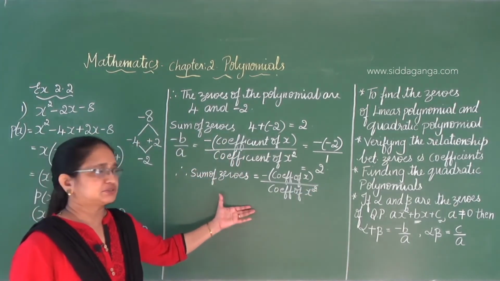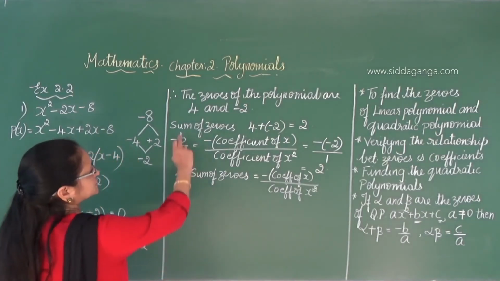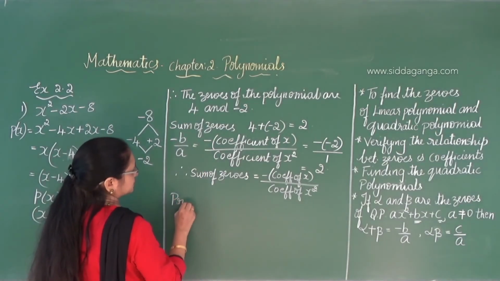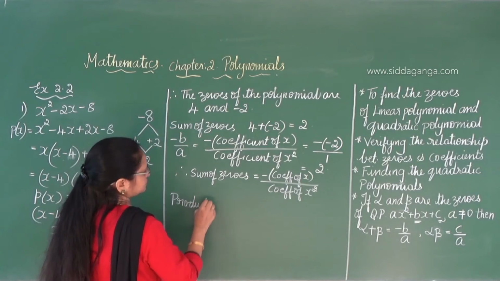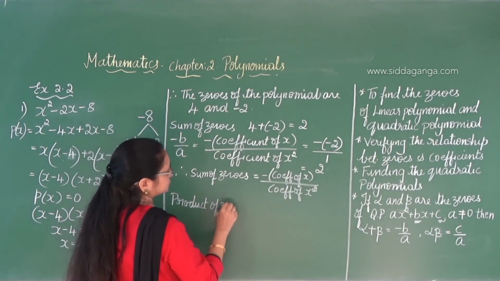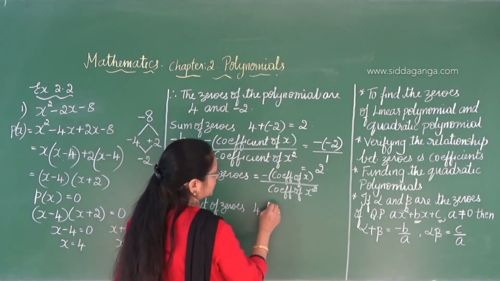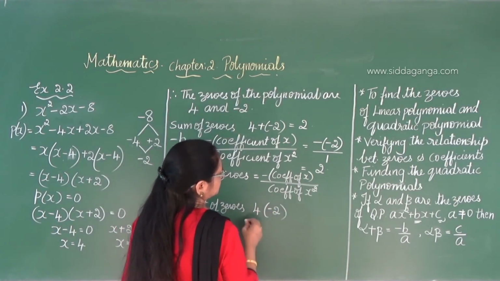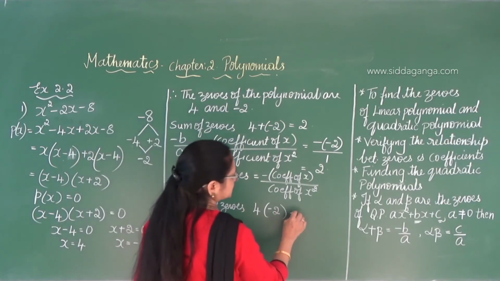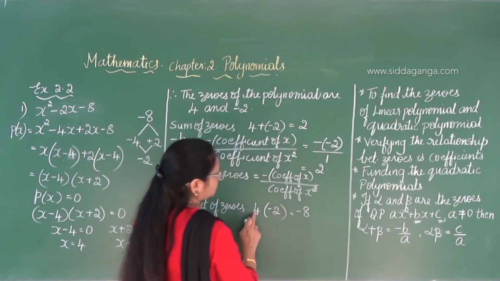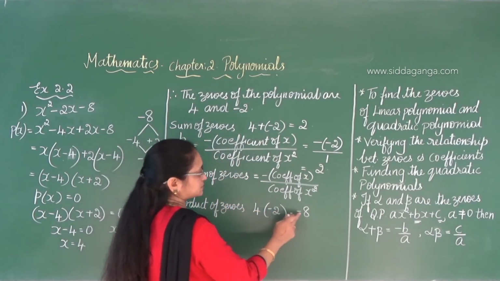I hope you understood this. Now product of the zeros. So find out the product of the zeros. 4 and minus 2. 4 into minus 2, that is minus 8. 4 2s are 8, plus into minus, minus 8.